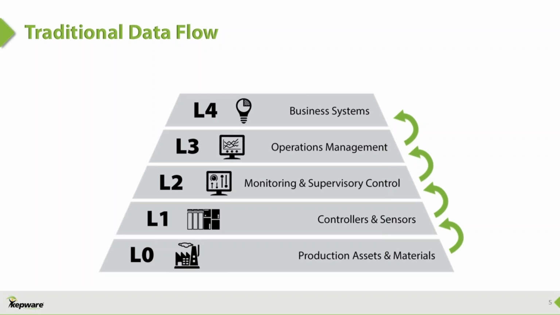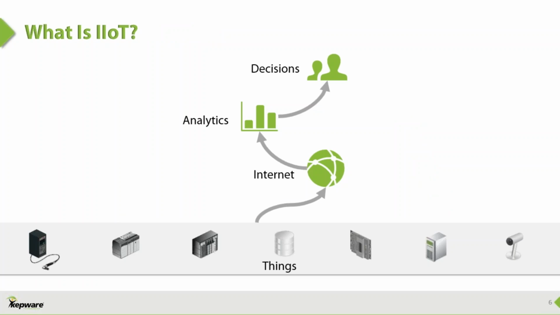This could be ERP, this could be your CRM, this could be big data analytics, it could be any number of applications. So traditionally, the data is flowed up in this step model. Go ahead, Joanne, next slide.